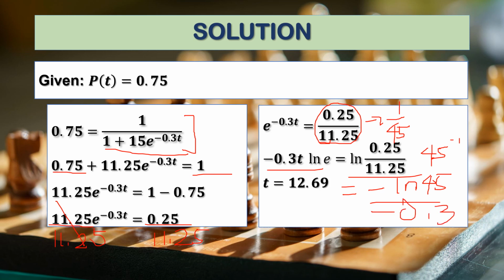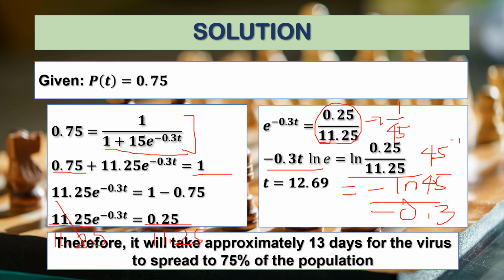So we have now t is equal to 12.69. You can solve this using your calculator; directly on the calculator, you can find the value of t. Therefore, it will take approximately 13 days for the virus to spread to 75% of the population.